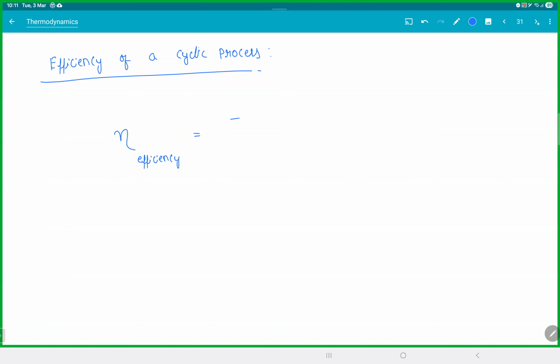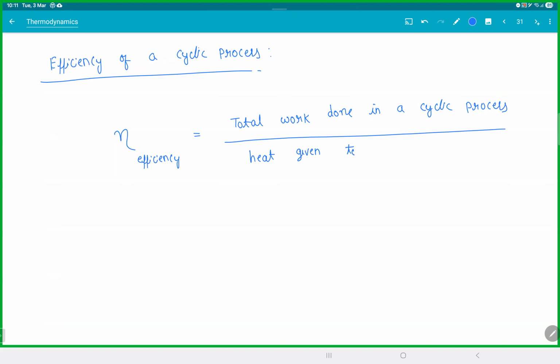So efficiency is simply the total work done in a cyclic process by heat given to the system. That is only the positive heats. Be careful, you should not take negative heats. Again, what do you mean by negative heats? Negative heats are nothing but the rejected heats.